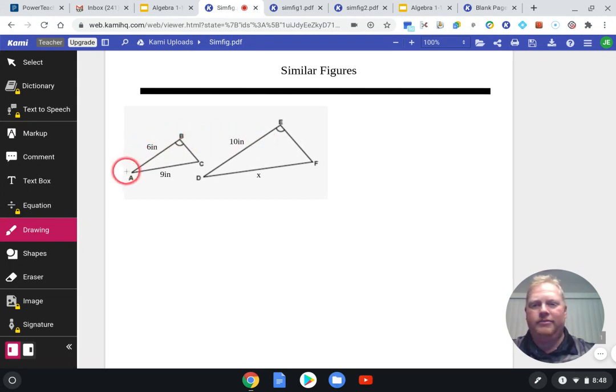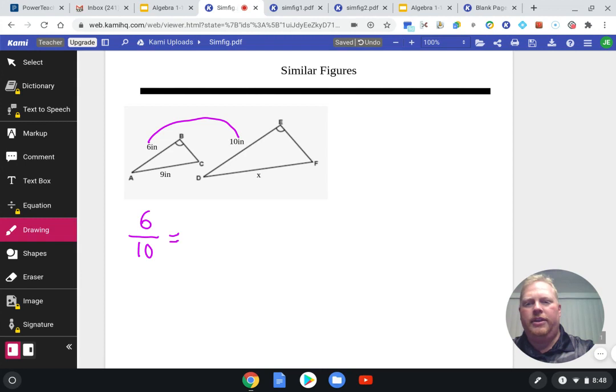It looks like this 6 lines up with this 10. So I can start with the ratio 6/10. So 6 compared to that 10 will be equal to this 9 inches compared to x, so 9/x. That's how I set up my proportion.